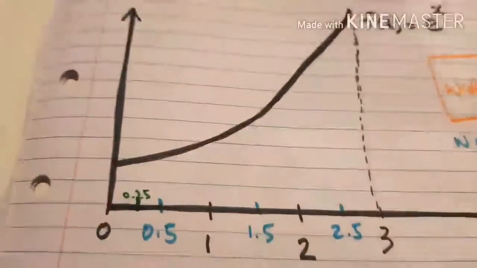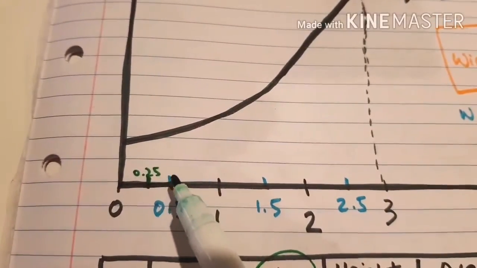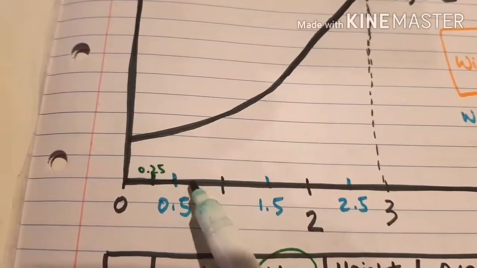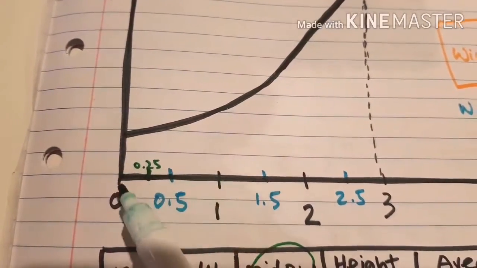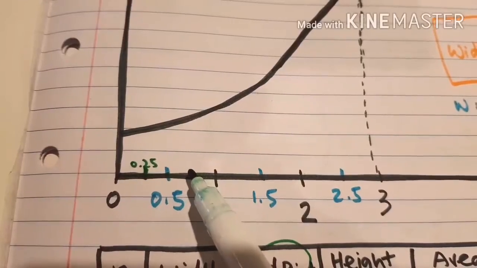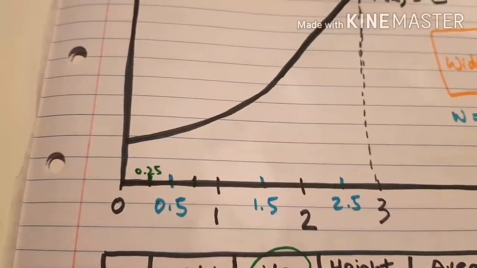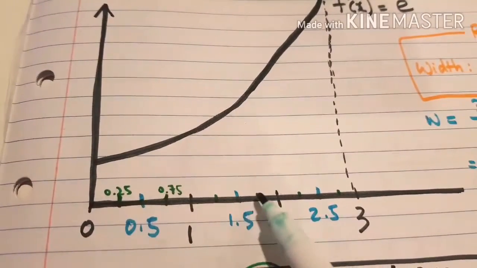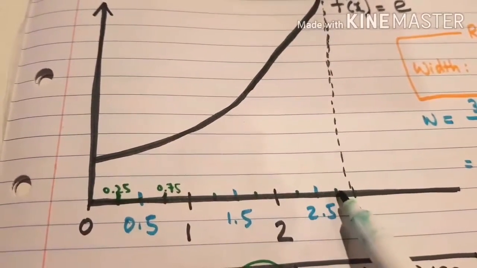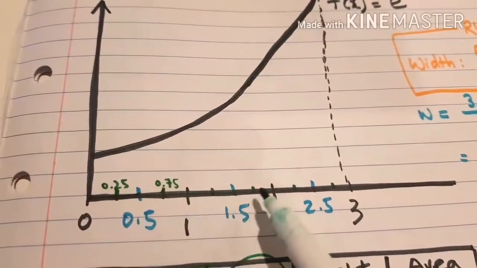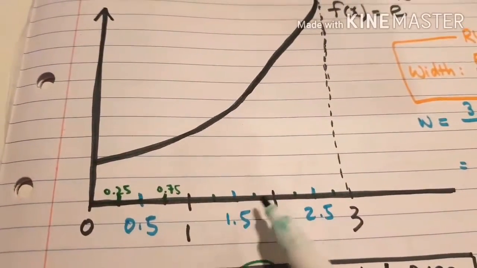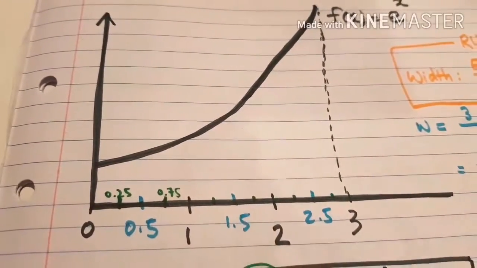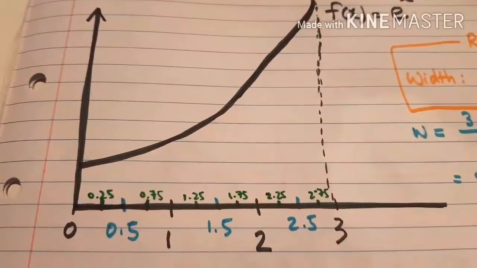The second rectangular box is from 0.5 to 1, so the midpoint in between that is adding on another 0.25. For each rectangular box, the midpoint goes up by 0.5, adding 0.25 from 1, 1.5, 2, 2.5, and the values will be just like this.